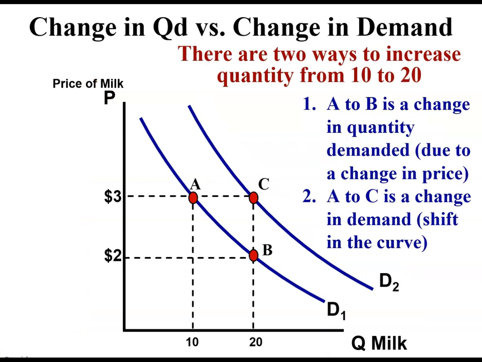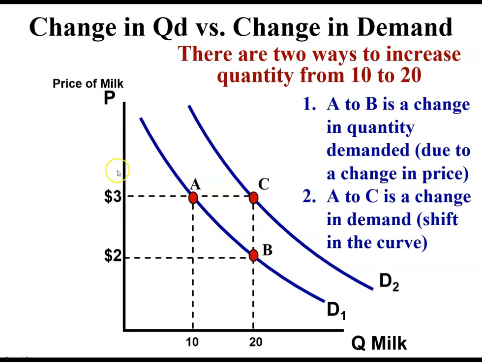There are two possible ways to increase quantity from 10 to 20. Number one, to get from A to B, there is a change in quantity demanded due to a change in the price. So the price went from $3 to $2. There's not a shift in the demand curve, but the quantity demanded has gone up because the price has gone down.